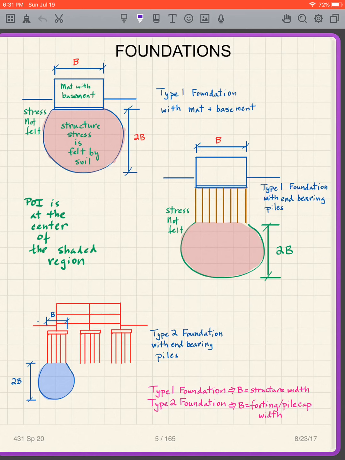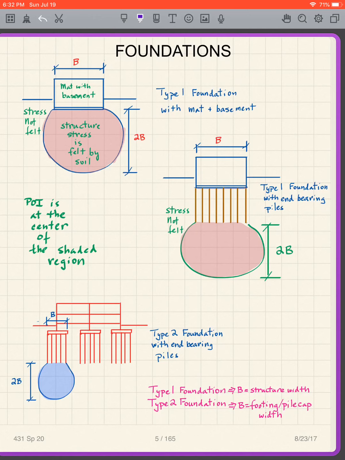So I'm going to call this a type 1 foundation again, and it has end-bearing piles. What are end-bearing piles? These are my piles here, and end-bearing means that we are transferring the load entirely to the tips of the piles, and that means that our pressure bulb goes down a depth 2B below the tips. And then those are the type 1 foundations.